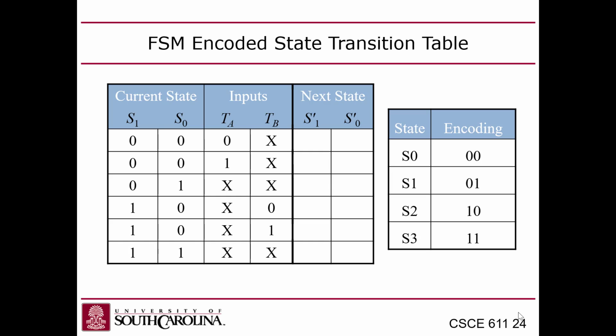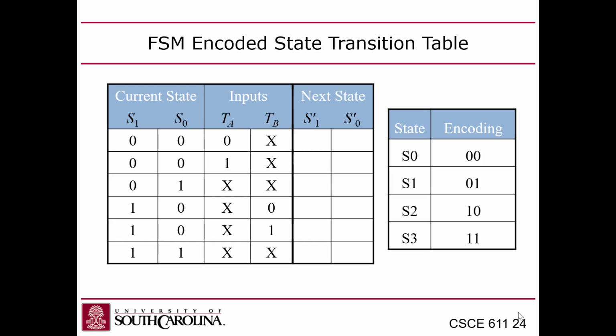Once you have that set up, at some point you have to decide what your encodings are for the 4 states, because you have to create state values that'll be stored in the flip-flops for each one of these states. Now this is kind of arbitrary.